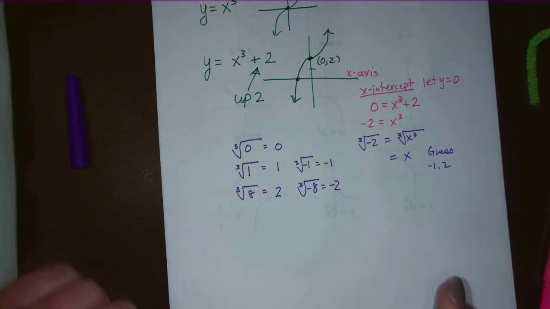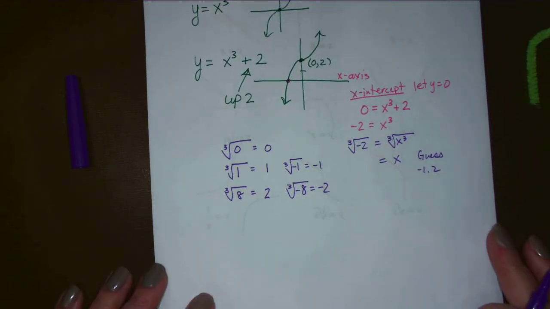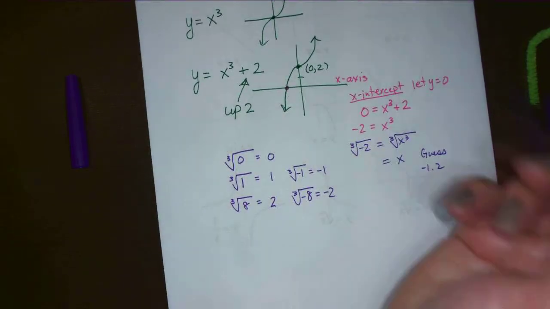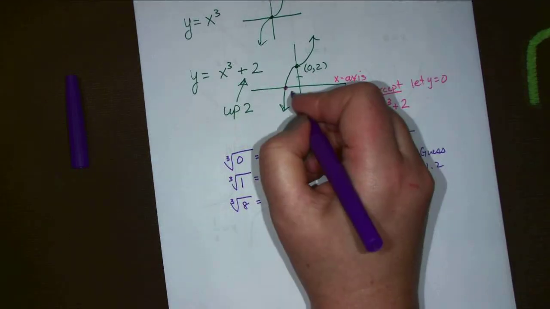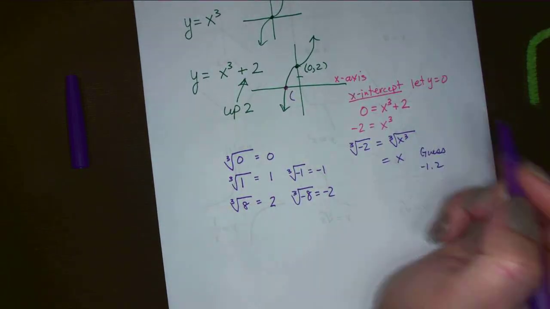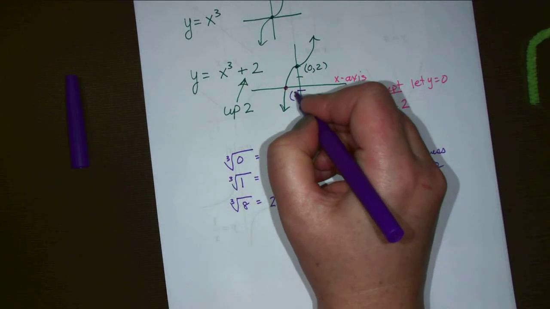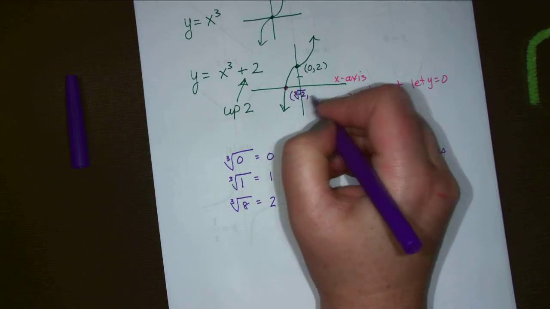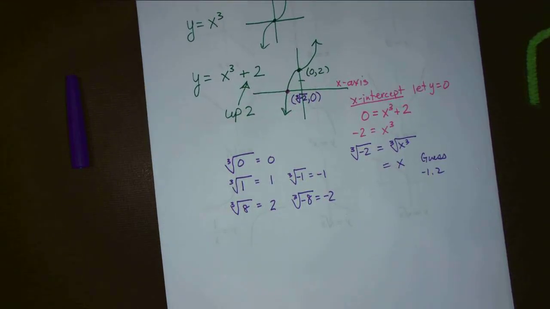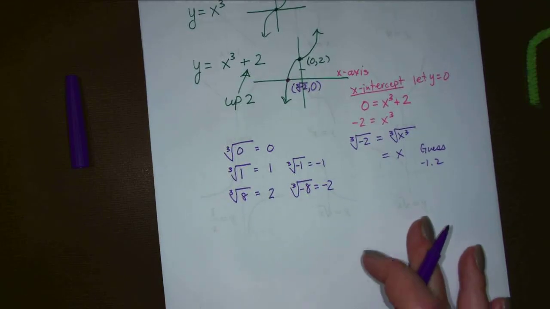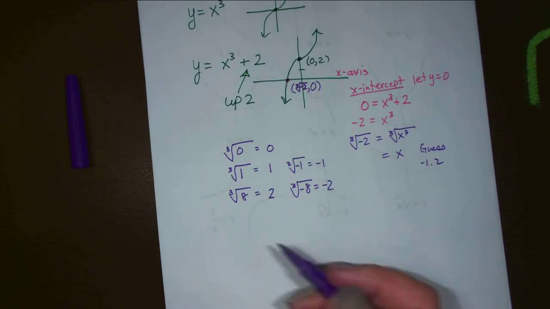It doesn't really matter because you're drawing it on the graph, and what you put on the graph is the exact value, not your guess. So here our y is 0, and our x is the cube root of negative 2. That is our exact answer, not our guess, on the graph. And what was this point? I already wrote it on. That was my center. Okay, so that's if it moves up, and moving down is the same thing.